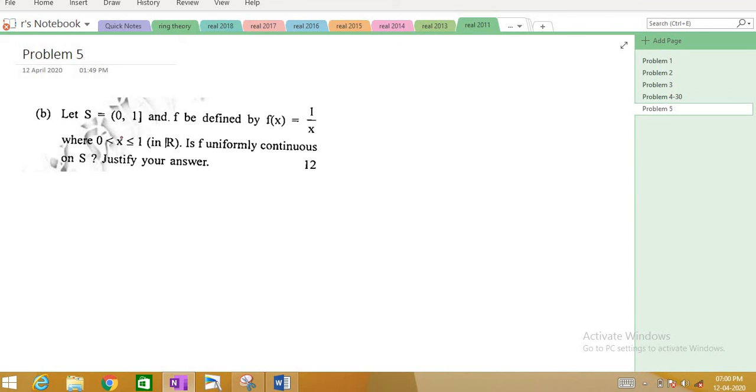It is given that S is the interval (0, 1], and f is a function defined by f(x) = 1/x, where 0 < x ≤ 1. Is f uniformly continuous on S?